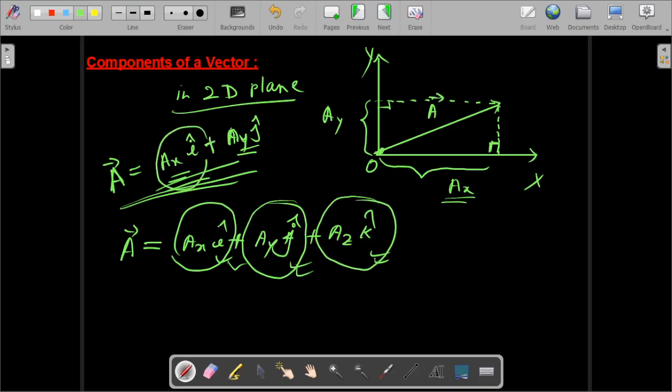So the vector ax is a component of the given vector.